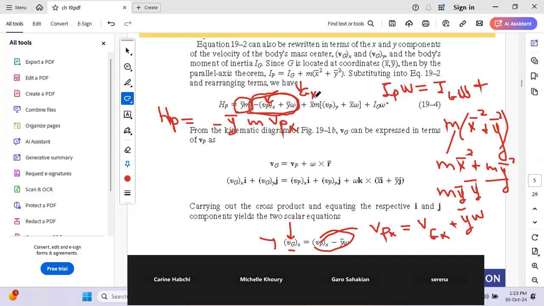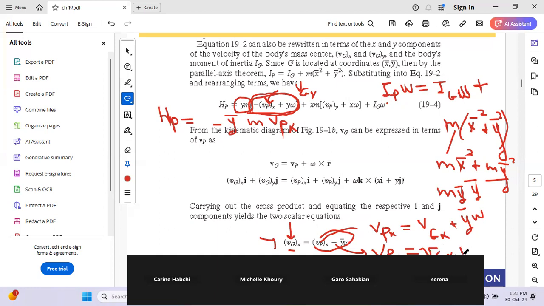Okay, but if they didn't do this, you can replace VPX from this equation. You can say, I can replace in my equation VPX by VGX plus y bar omega.